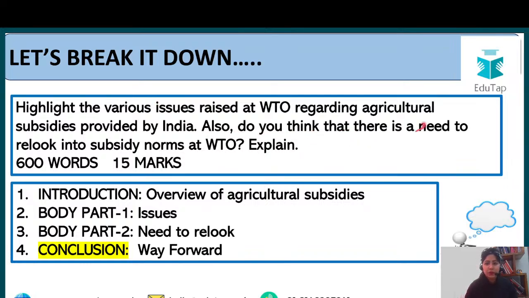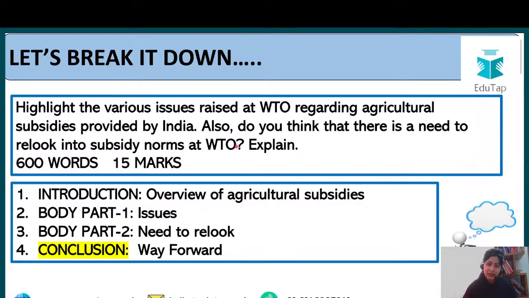And do you think there is a need to relook into subsidy norms? That has been explained in the answer itself. We'll summarize this and provide a way forward on how relooking at these subsidy norms can be done, and how in a way it favors all of the above. Also, in the introduction we talked about how WTO trade rules or subsidy norms talk about food security and trade security, but they don't talk about environmental security.